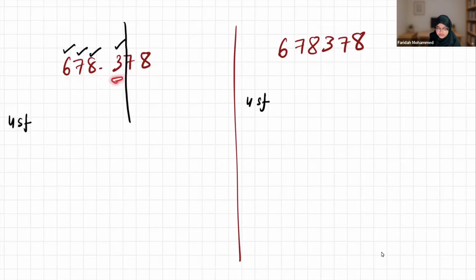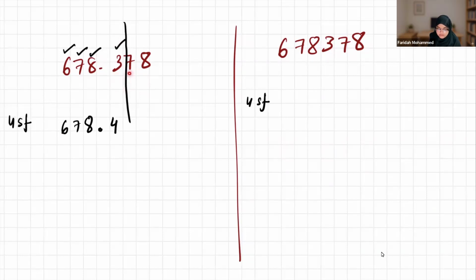So this is 1, 2, 3, 4, right? And when you see the next number, 5 and above, right? 7 is 5 and above. That means the previous number, which is 3, has to go up by 1. So we're going to have 678.4.